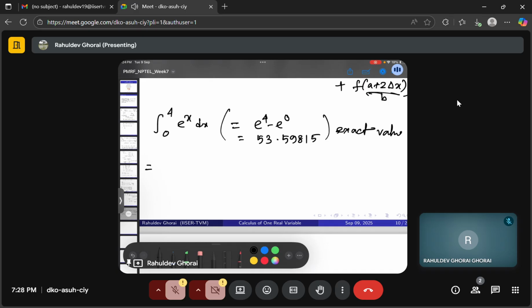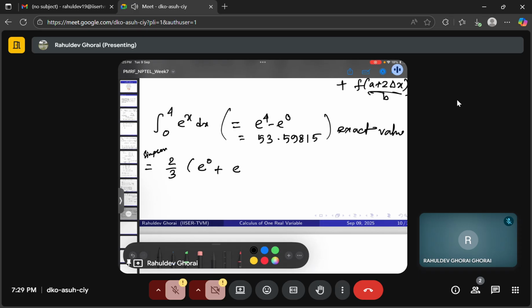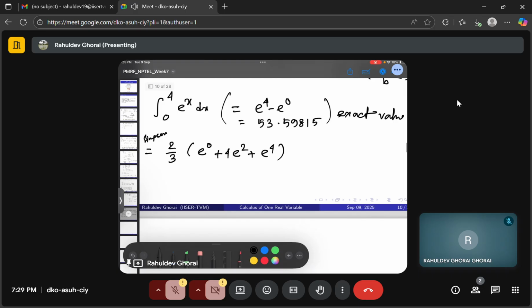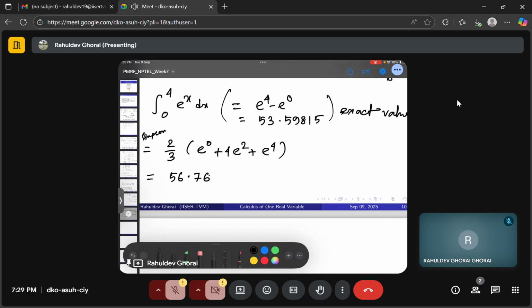In this case del x will be 2, so using Simpson's rule it will be 2 by 3 times (e to the power 0 plus 4 times e to the power 2 plus e to the power 4). If you calculate that, you will get 56.76958. So the error will be minus 3.17143, right?